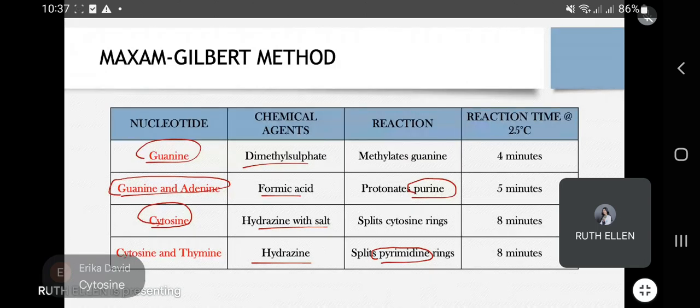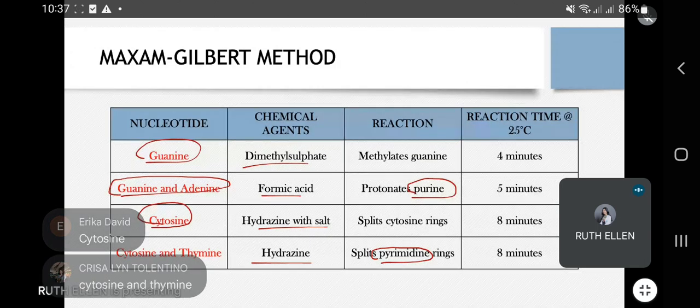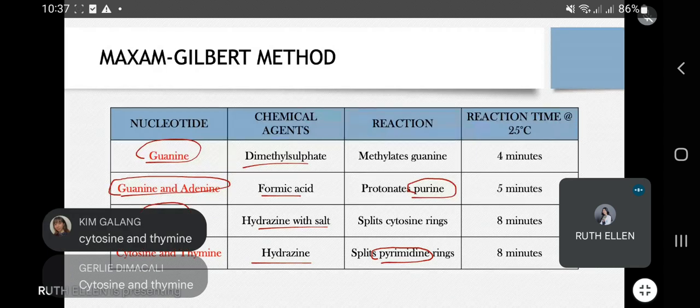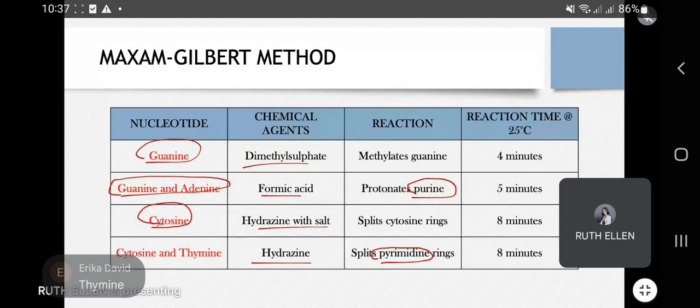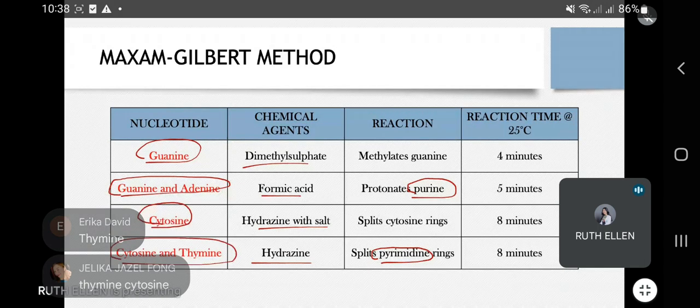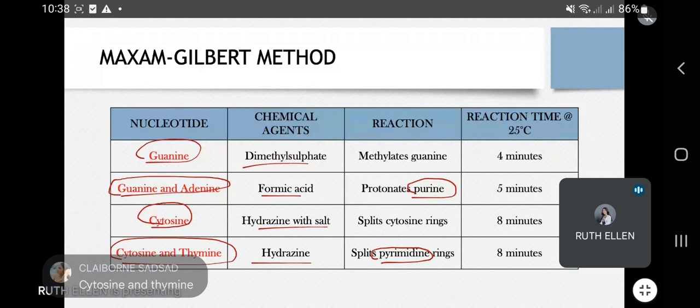Class, open niyo yung mga mic ninyo. Okay, we have cytosine and thymine. Still, the reaction happens at 8 minutes at 25 degrees Celsius.